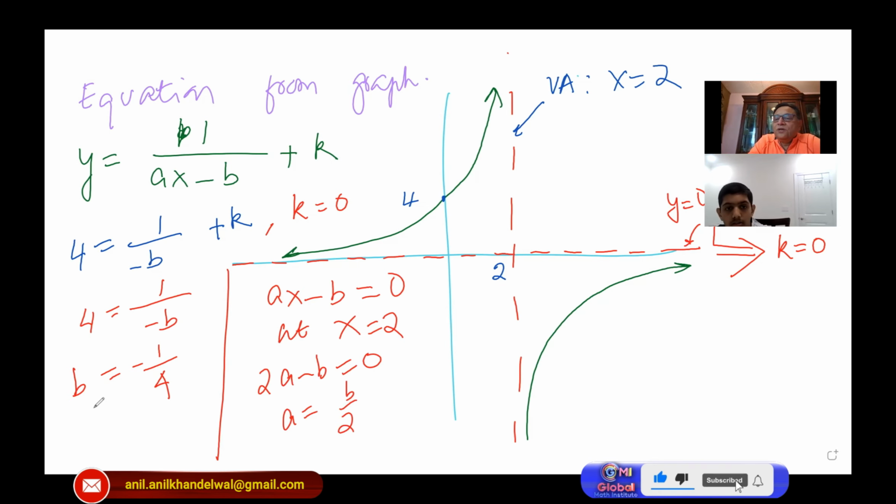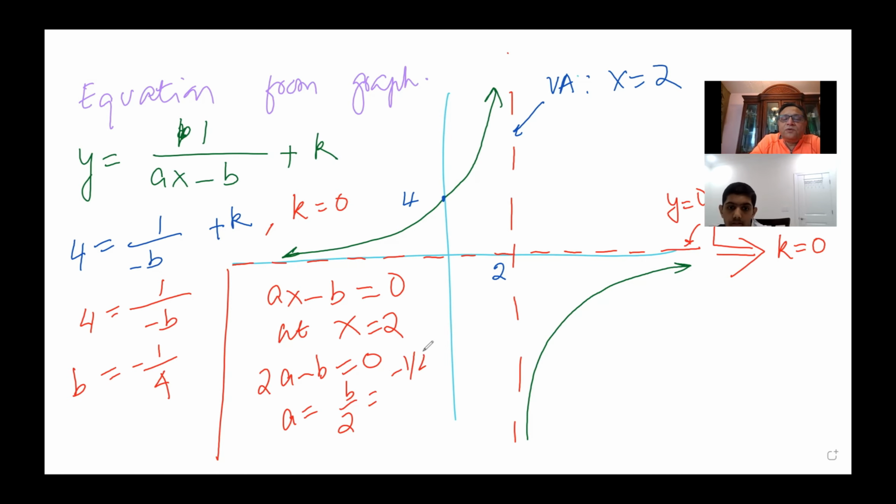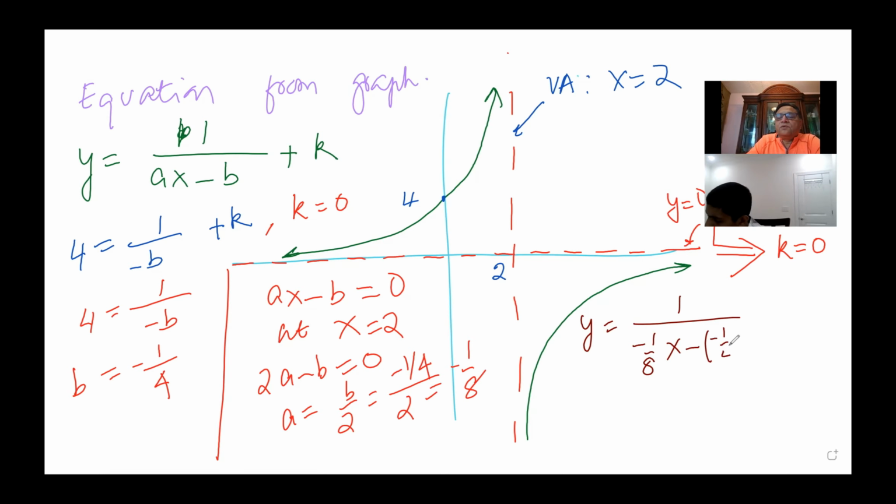And since we know that b is minus 1 over 4, we now know the value of a, correct? So minus 1 over 4 divided by 2 will give me minus 1 over 8. So we have our equation, which is y equals 1 over, the value of a is minus 1 over 8x, and the value of b is minus 1 over 4. So it is minus of minus 1 over 4, right? And the value of k was 0.